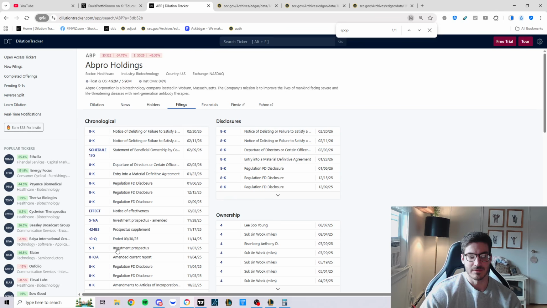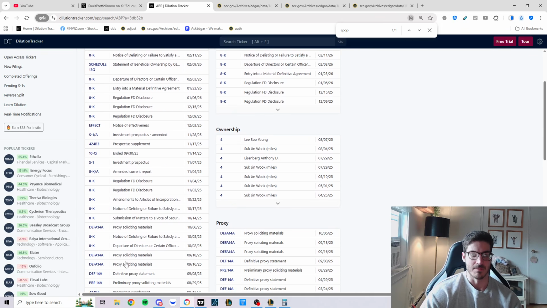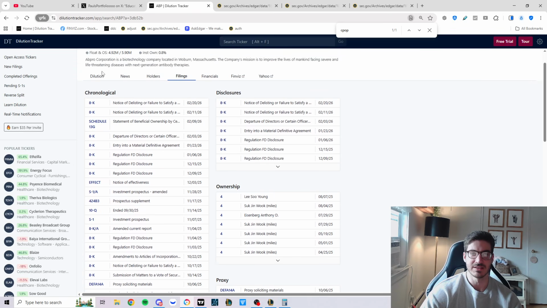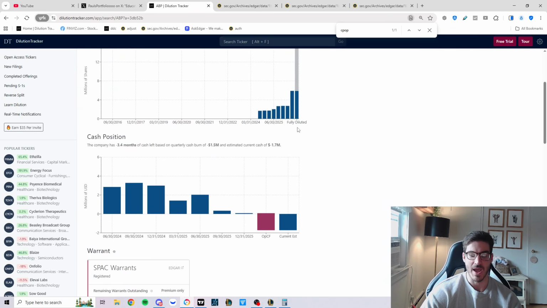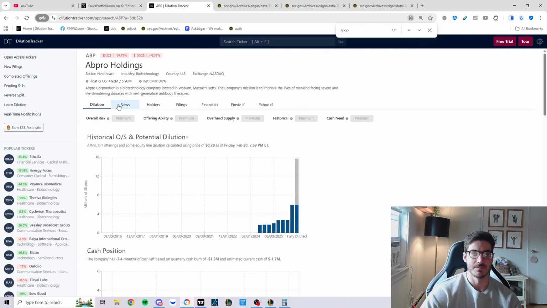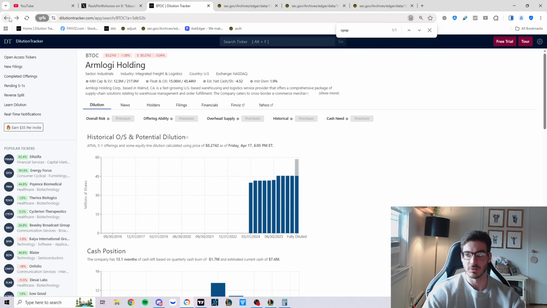If you look at that, it'll show their past ATMs. You see how it says prospectus 424B3? That's usually to activate a portion of their ATM. Companies that have an ATM file them, but a lot of times they only use certain amounts.